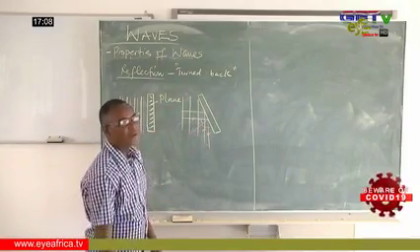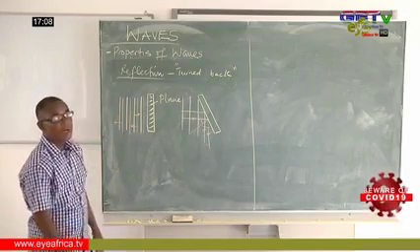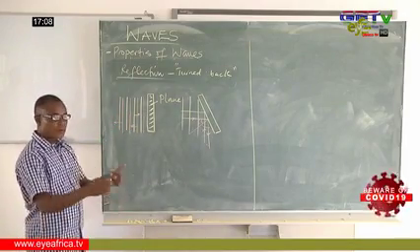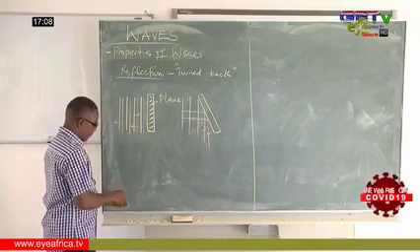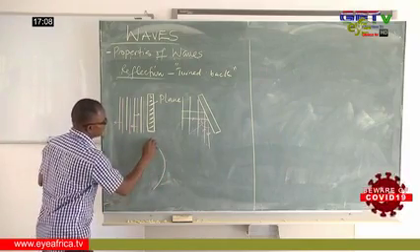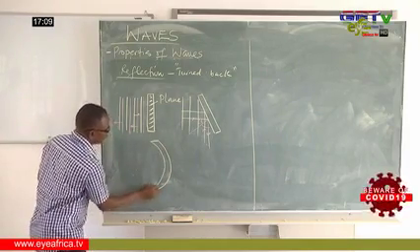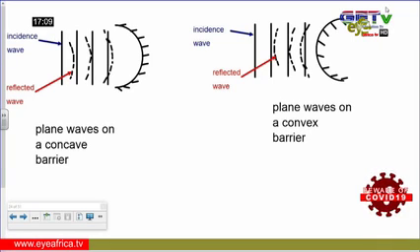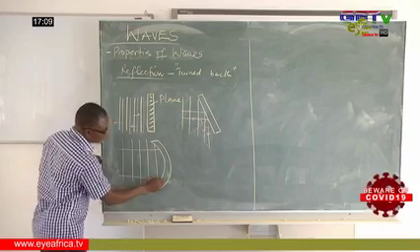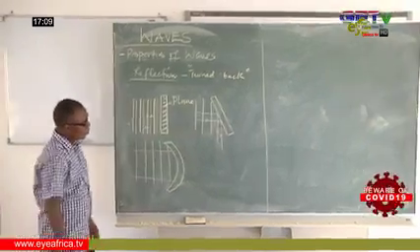Now we look at reflection on other surfaces, which are curved surfaces. If I make a plane wave incident on a curved barrier, and that curved barrier is a concave barrier, it will behave like this. Remember, if you did something on optics, you must know what will happen here.